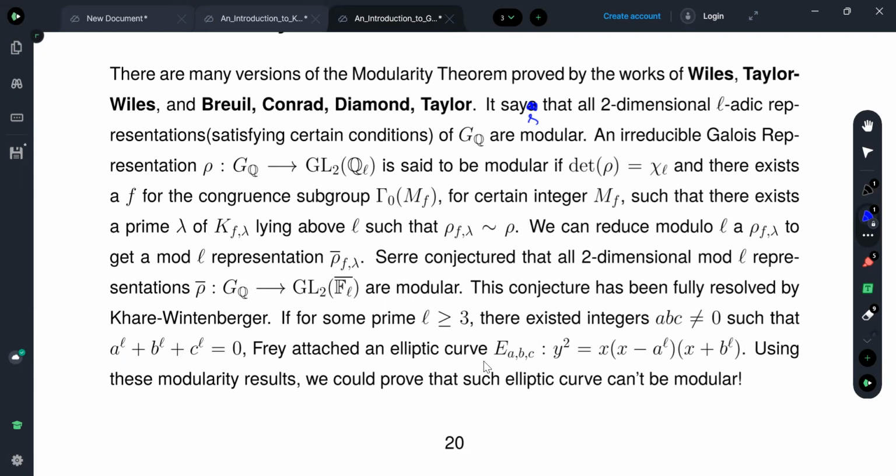And then since the entries of the matrices are elements inside Z_L, we can reduce them modulo L, right? Okay. Yeah, so we can just reduce them modulo L and get a representation which takes values inside GL2 of F_L bar.